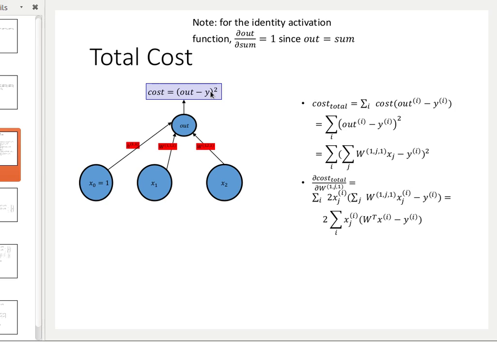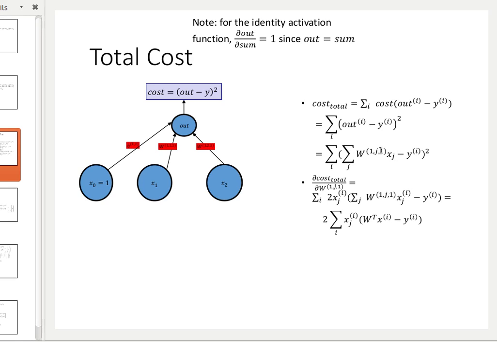We said that our cost is quadratic, which means that it's just going to be the sum of the square differences between the output for case i and the actual expected y for case i as well. We can rewrite it as this kind of sum because this is what out i is.